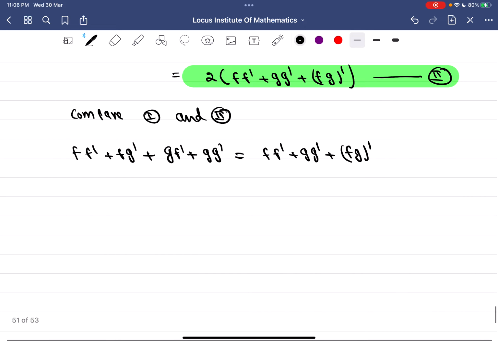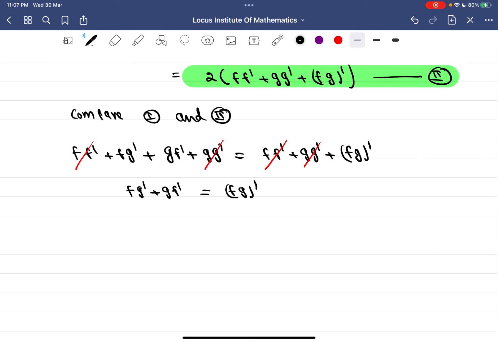Now from both here, ff' cancel and gg' cancel. Then you are left with fg' plus gf' is equal to (fg)'.